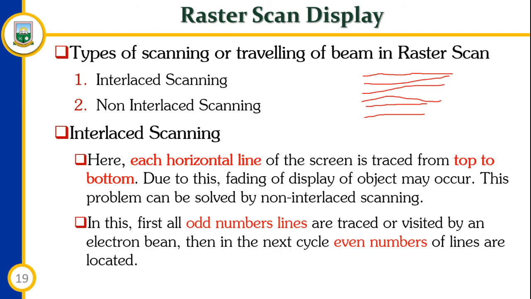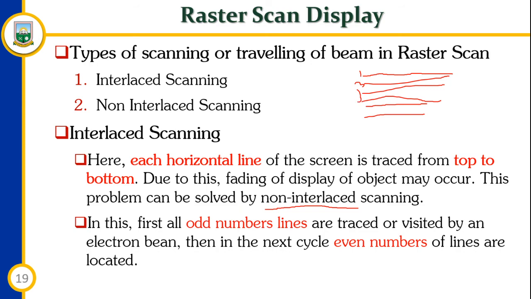So this is a problem, and it can be solved by what you term as the interlace scanning. We'll talk about that. So to solve this, all the odd lines are traced or visited by an electron beam. So this is 1, 2, 3.